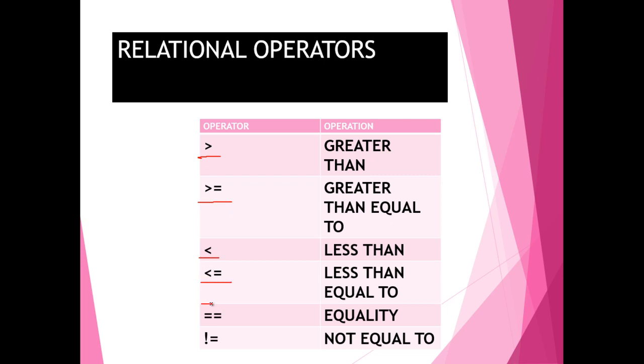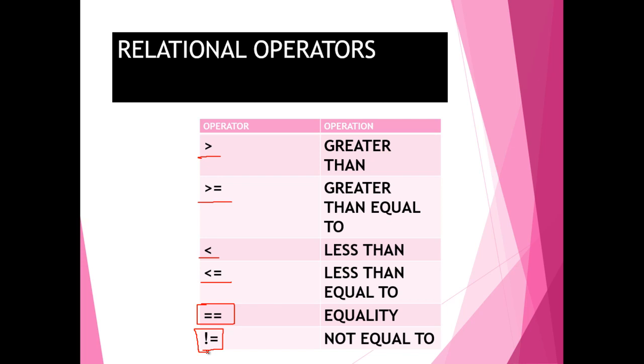For equality we put two equal signs. The double equals is used to check whether two objects are equal or not, and exclamation mark followed by equals represents the not equal to operator. So these are the relational operators.